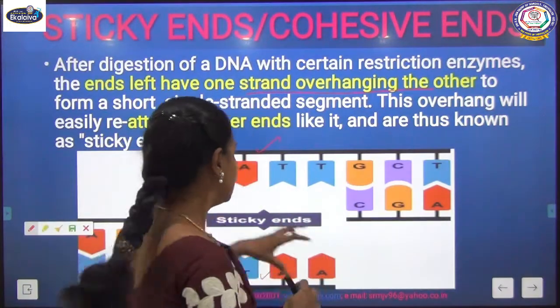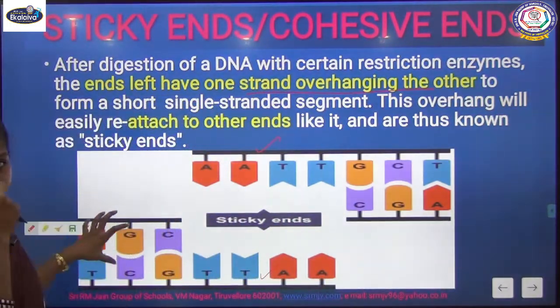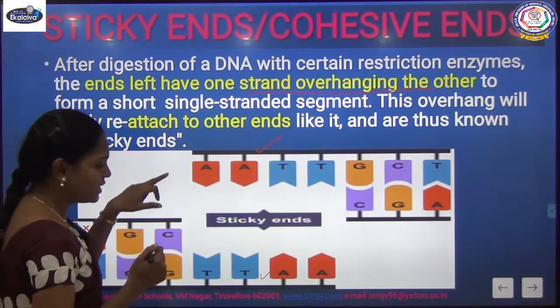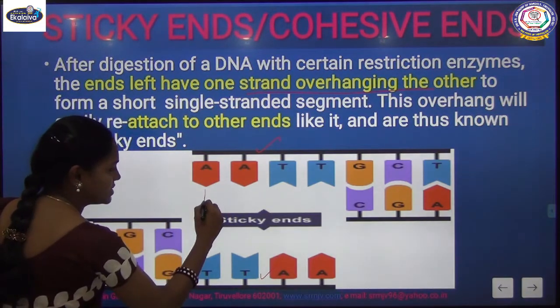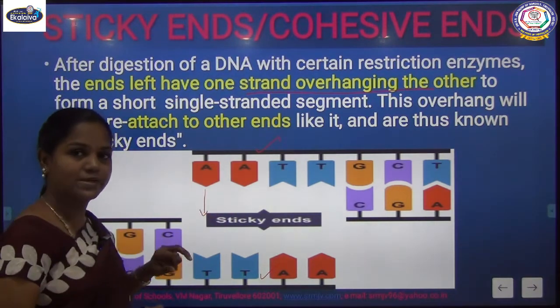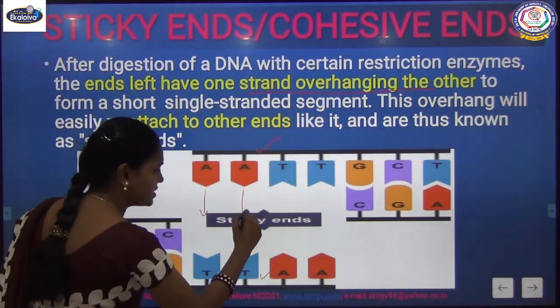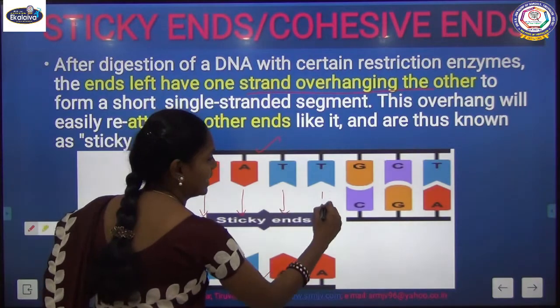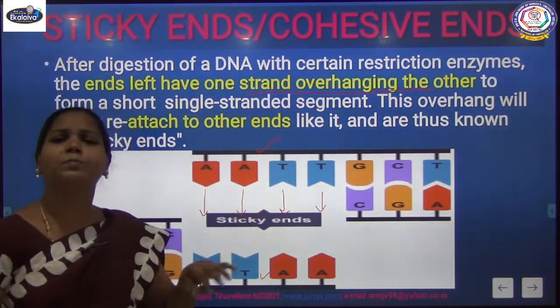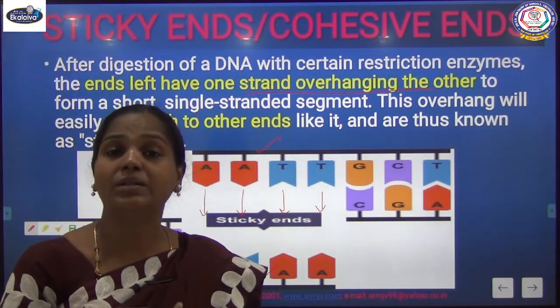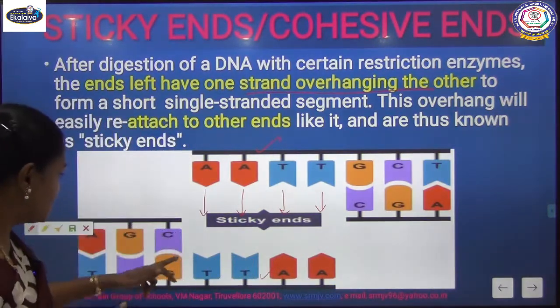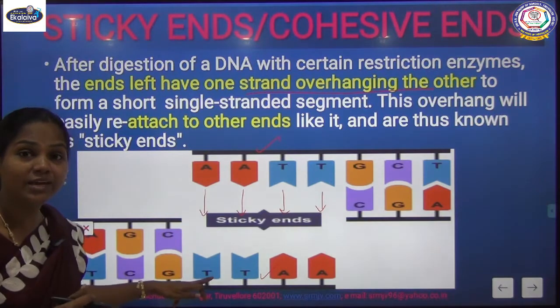When you see here, these are the two pieces of DNA. Here they have adenosine, nitrogenous base, and this is adenosine, and this is thymine, and this is thymine. What is the complementary base for adenosine to form a hydrogen bond? That is thymine. In the next strand it is having thymine.